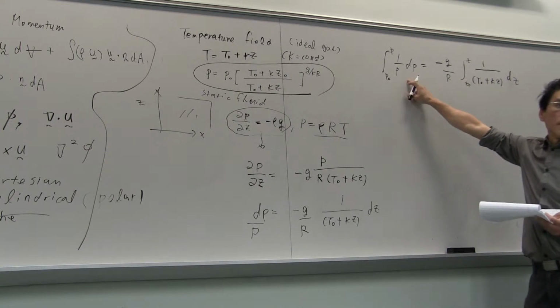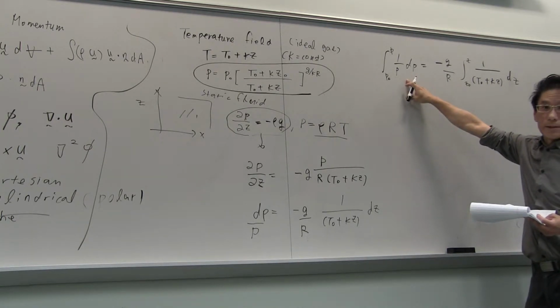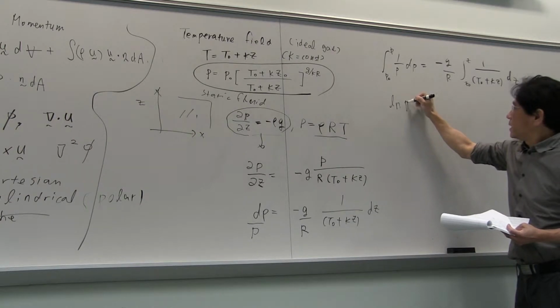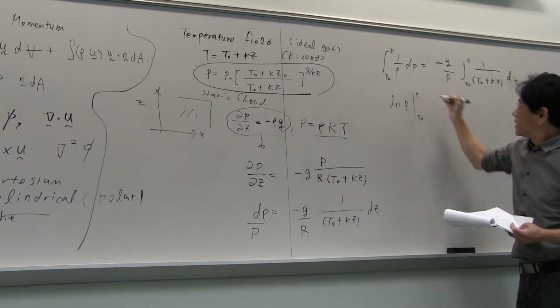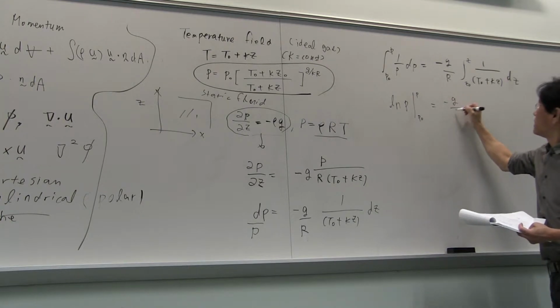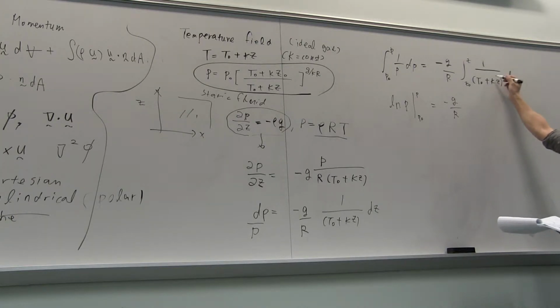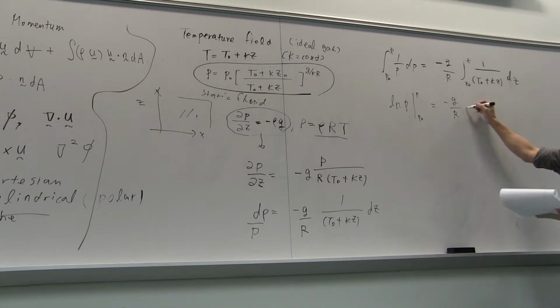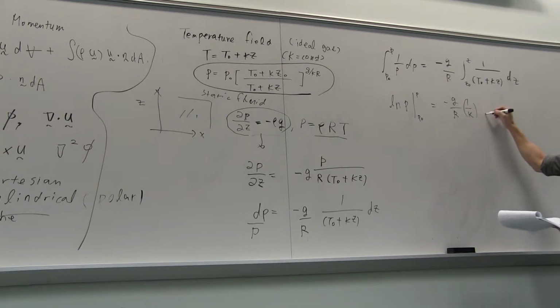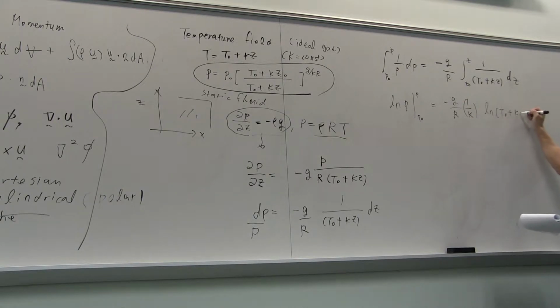If you integrate the 1 over P fraction, it's going to be a logarithm, log P from P naught to P, so minus g over R. If you integrate the other one, this is a log as well, but you have to differentiate the inside and take the reciprocal, which means 1 over k, and the log of (T naught plus k z), from z naught to z.